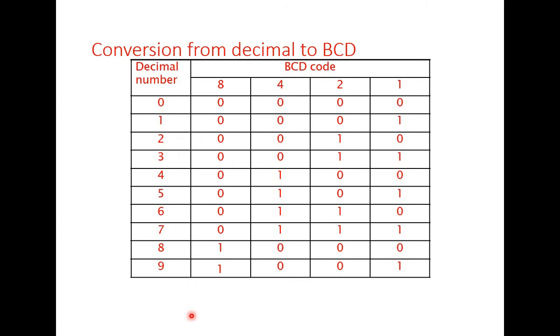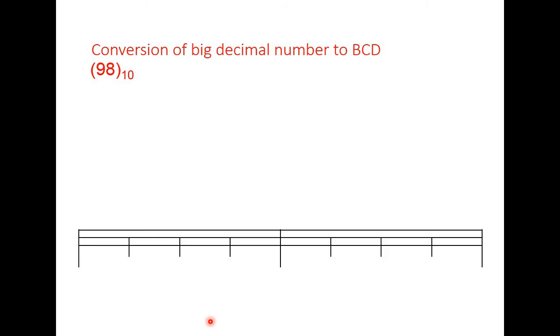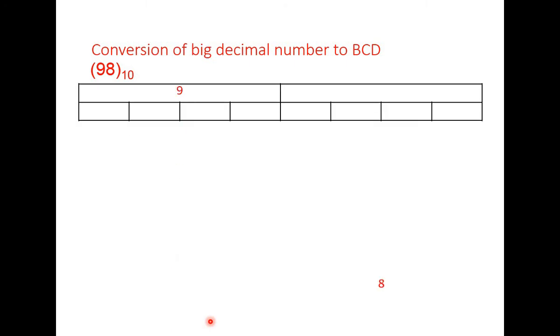So in this table we only consider the decimal number as a single digit. When the decimal number is combined, how to convert those decimal numbers into the BCD we consider in the next example. We consider one example as 98 to the base 10. To convert 98 to the base 10 into BCD, we have to write each digit separately as 9 and 8.